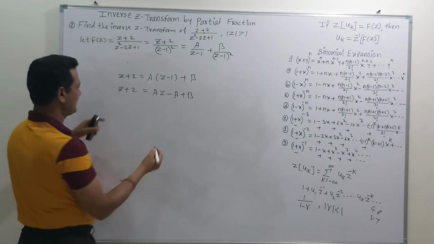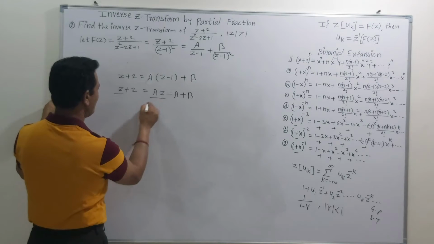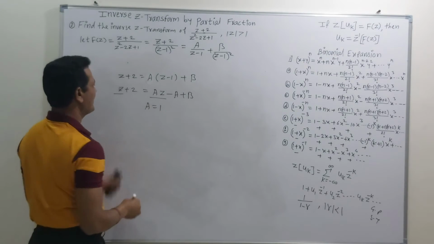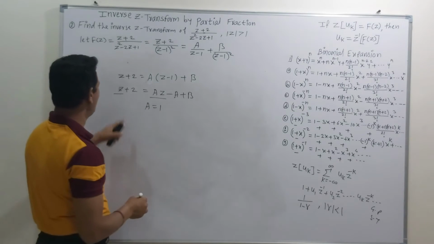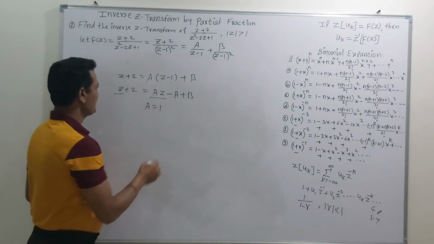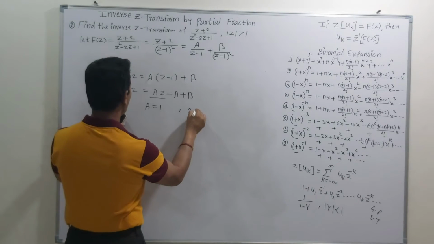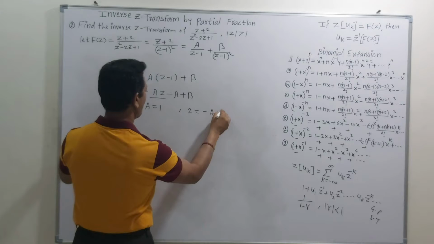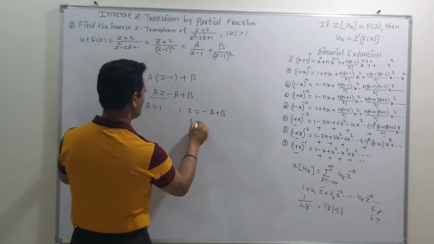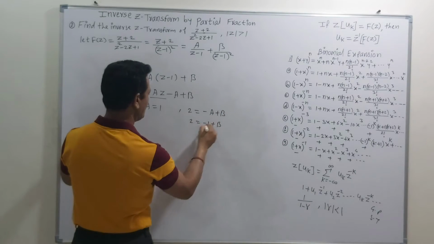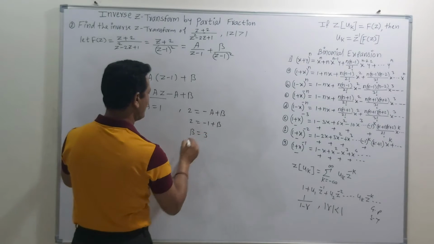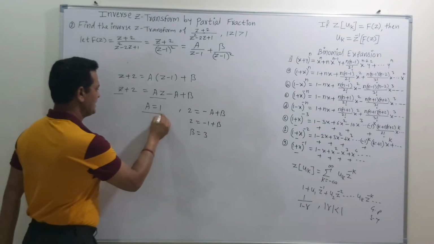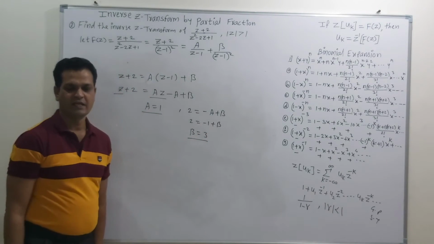If we compare the like power term coefficients, then we directly get the value of a as 1. Now the constant 2 is equal to minus a plus b, so 2 is equal to minus 1 plus b, so we get the value of b as 3. In this way we get the values of the first and second terms.